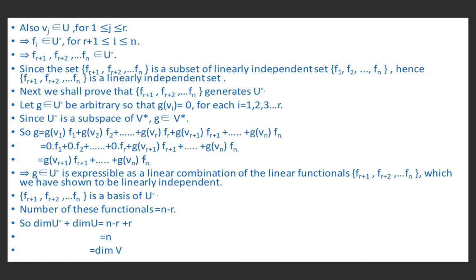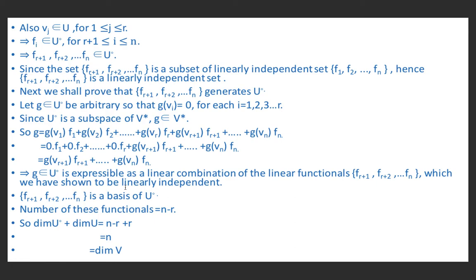So we are left with g(vr plus 1) f(r plus 1) plus ... plus g(vn) fn. It means g belonging to U dot is expressible as a linear combination of linear functionals f(r plus 1), f(r plus 2), ..., fn. Here we have shown this.